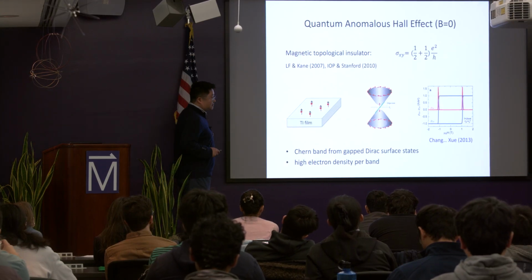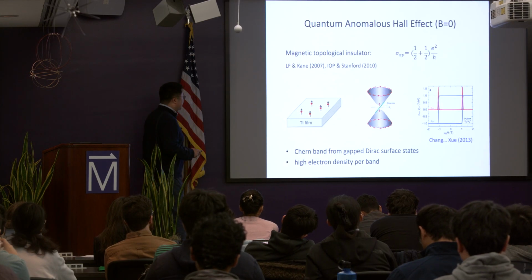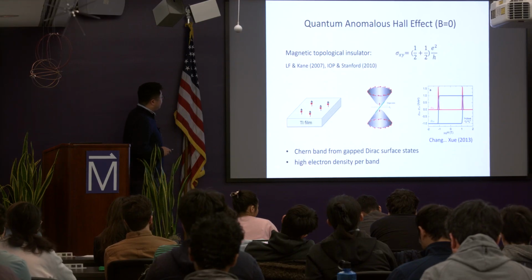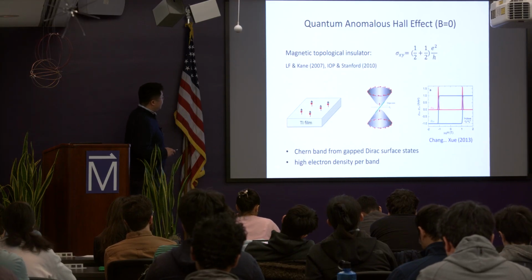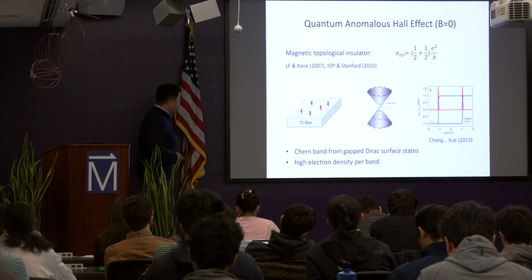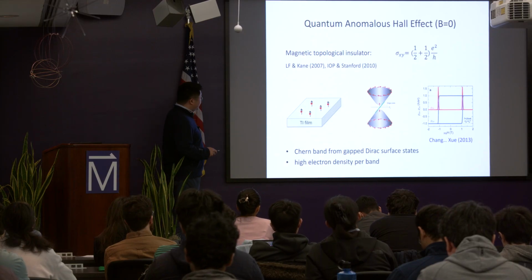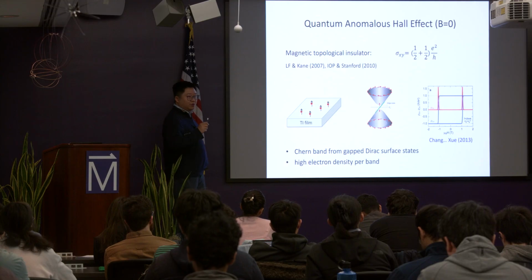And for a long time, this has been a theoretical dream, but with the discovery of topological insulators, this became a reality. We know that topological insulators carry Dirac surface states. The Dirac cone has a twofold degeneracy associated with electron spin, protected by time reversal symmetry.